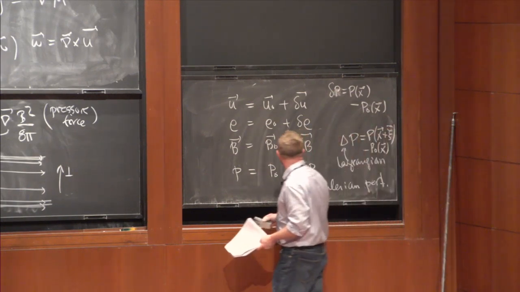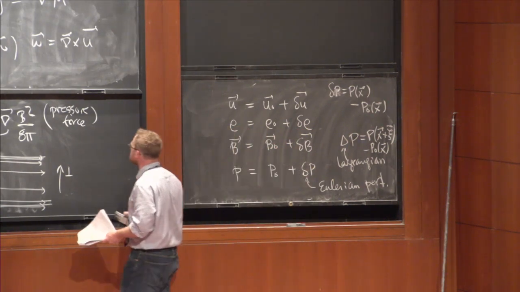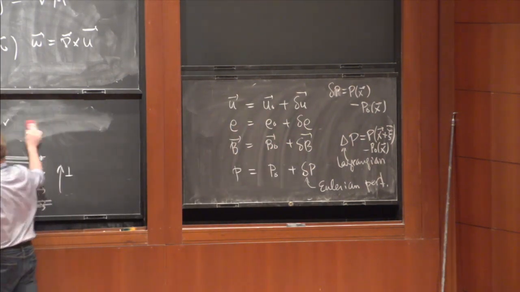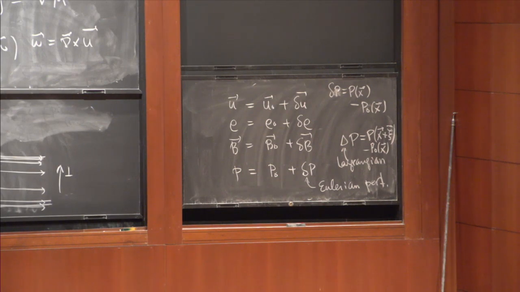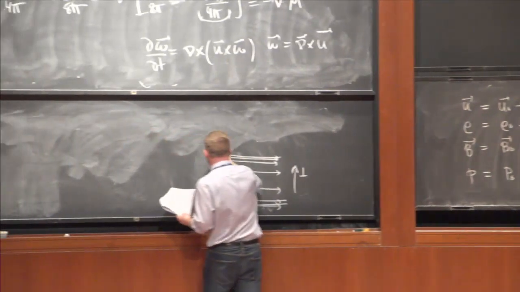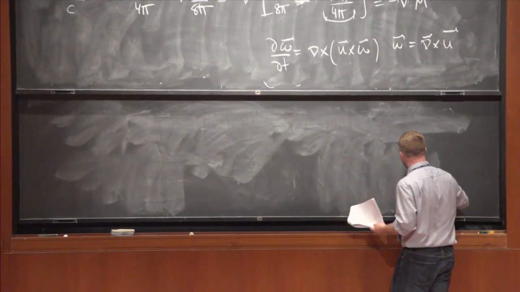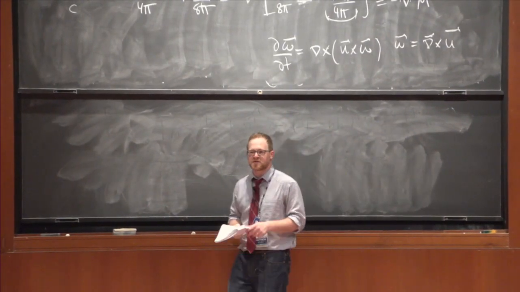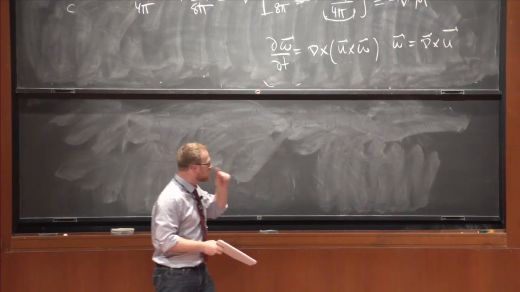In everything that I'm going to do, I'm just going to use Eulerian perturbations because it's simple. It's important to do Lagrangian perturbations when you have some stratified plasma and there's some background fluid flow. In that case, doing Eulerian perturbation theory is a bit tricky, and it's often easier to do it with these Lagrangian perturbations. I'll just do it with these Eulerians.